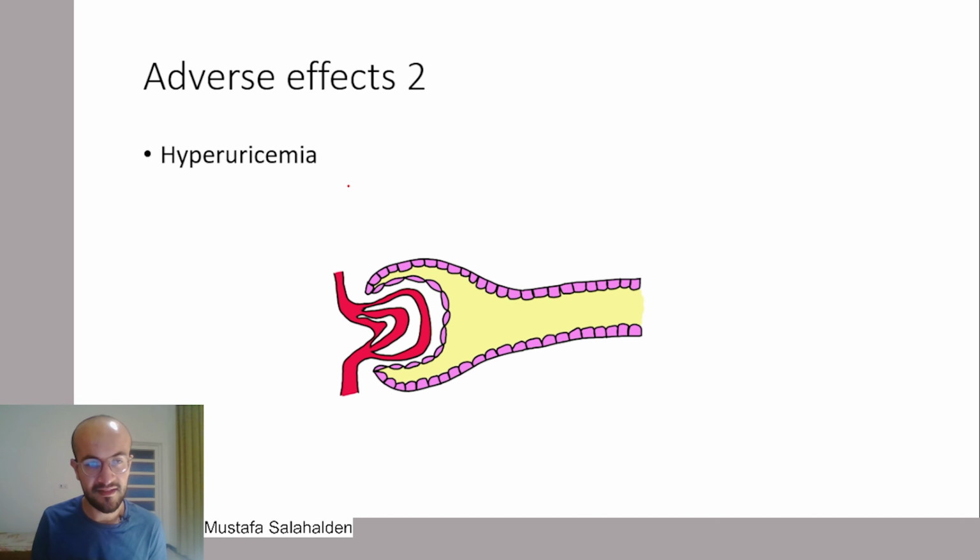The second adverse effect here is that those drugs would give us hyperuricemia. Hyperuricemia is high uric acid in the blood. Now let's go back a little bit to when they secreted here. So they would go into the proximal convoluted tubule and they would be secreted here. And also the uric acid is also secreted through the proximal convoluted tubule too.